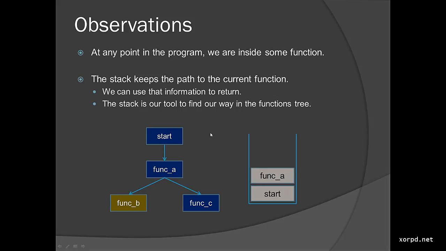Now we want to go back, and we can do this because we kept func A inside the stack, so we just have to pop it. Next, we continue to func C, so we keep func A inside the stack. Now we want to go back, and we just pop from the stack. Finally, we want to return, and we do it using the last value on the stack, which is start.